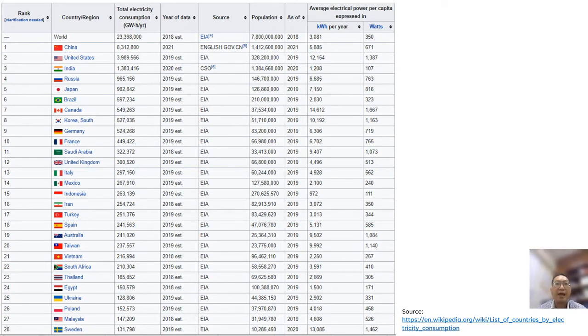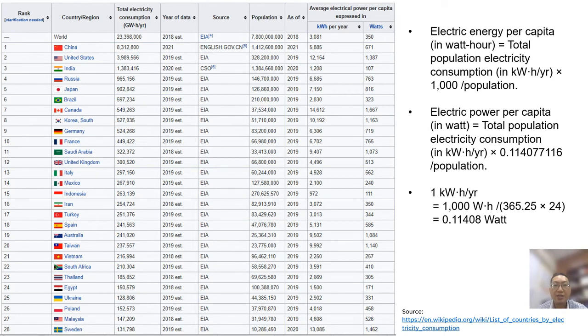So the average power per capita was calculated based on the formula as shown. The electric energy per capita in watt hour is the total electricity consumption in kilowatt hour per year multiplied by 1000, per population.